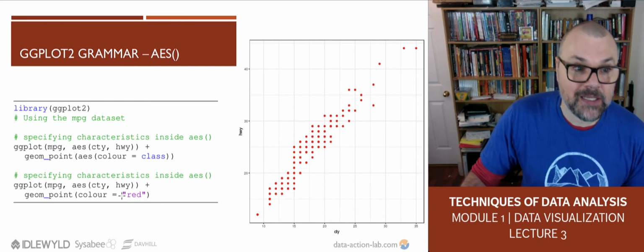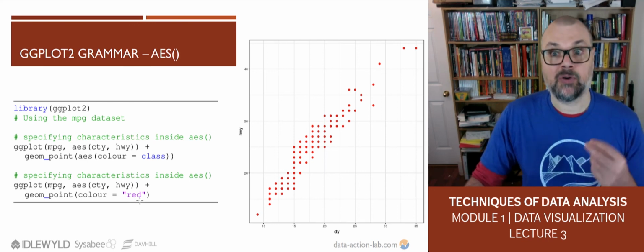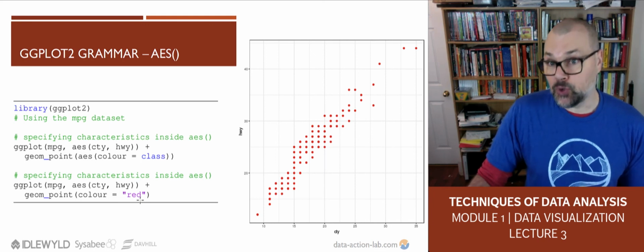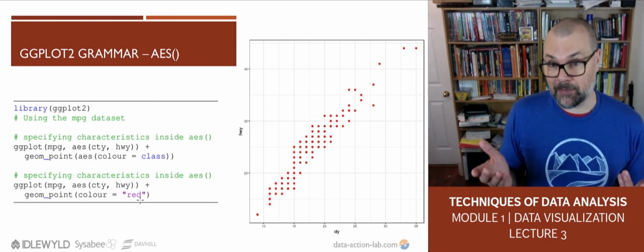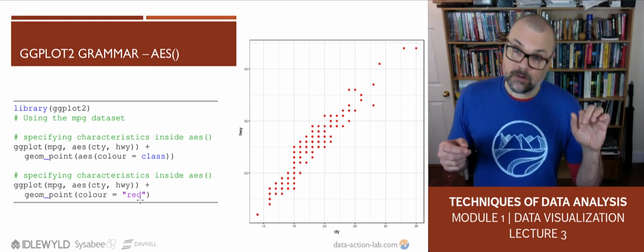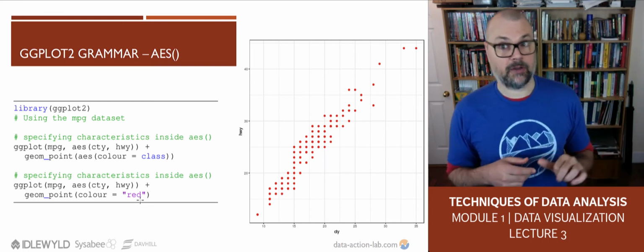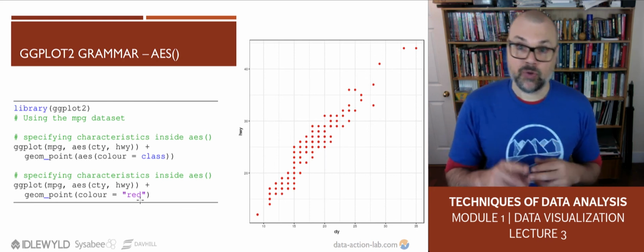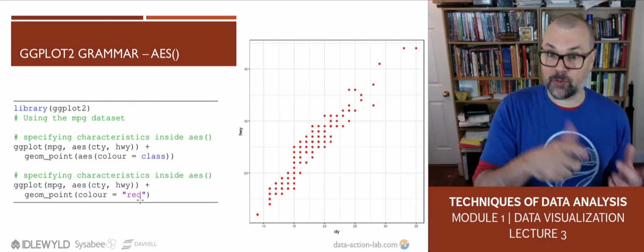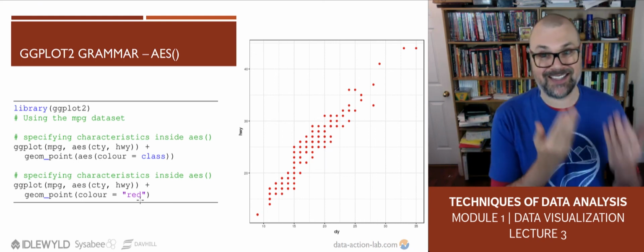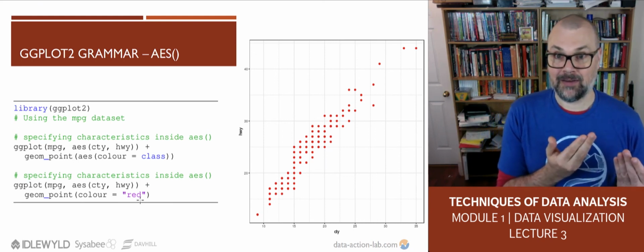Right? If you need to specify a name or a shape or a size, you do so outside an aesthetic mapping. If you want the characteristic, the size, the color, the shape, to potentially vary from one observation to the next, it needs to be placed inside an aesthetic mapping.